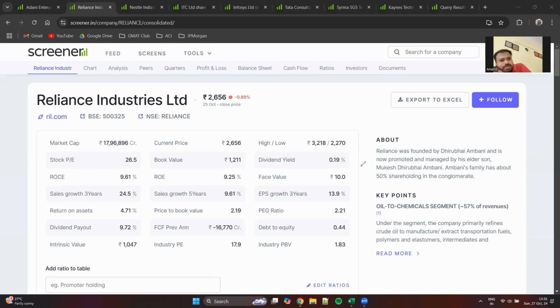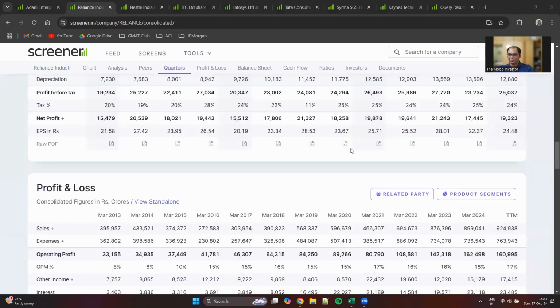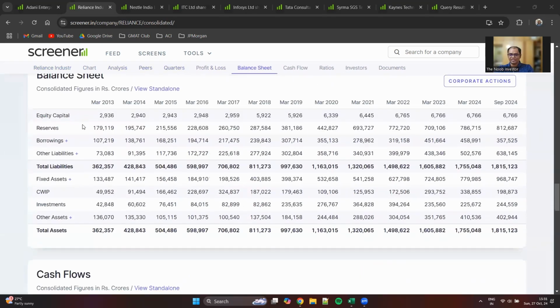Okay. The reason why Reliance has such low ratios is you come to the balance sheet and look at the reserves. They have 8 lakh crore as reserves. Means they have 8 lakh crore as cash on their balance sheet.